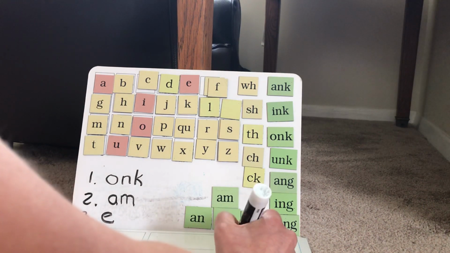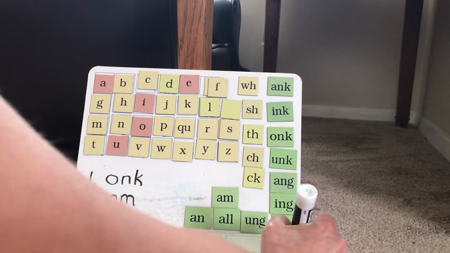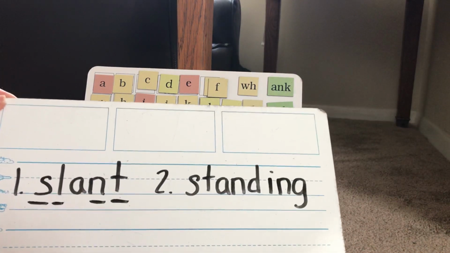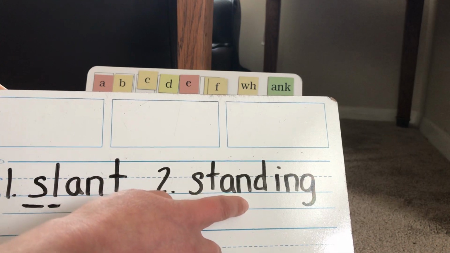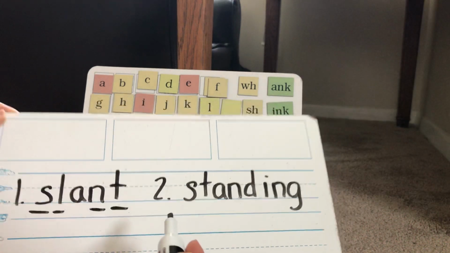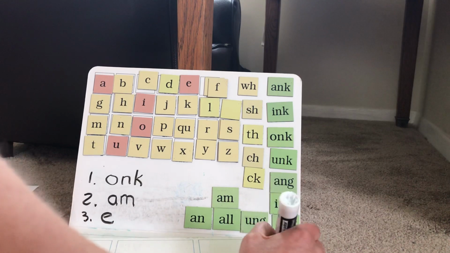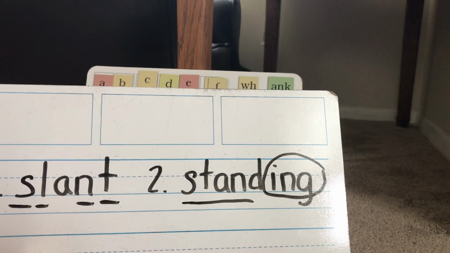St and ing. So standing, you should have S-T-A-N-D-I-N-G. And this word has a suffix. So remember, how do we mark it? We underline the base word. We circle the suffix, just like this.